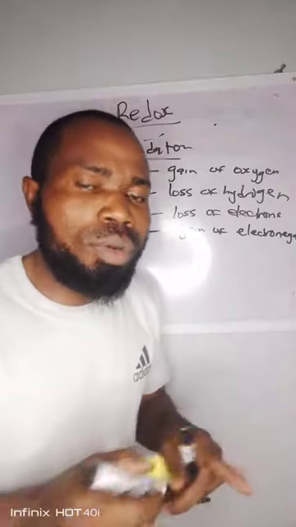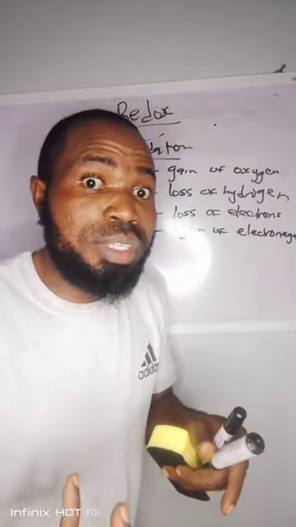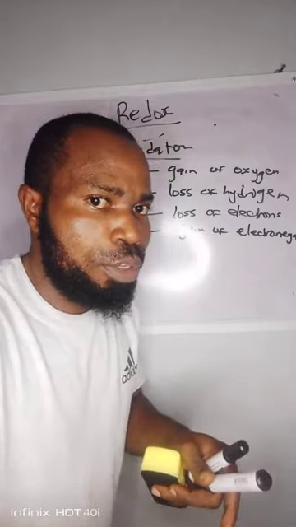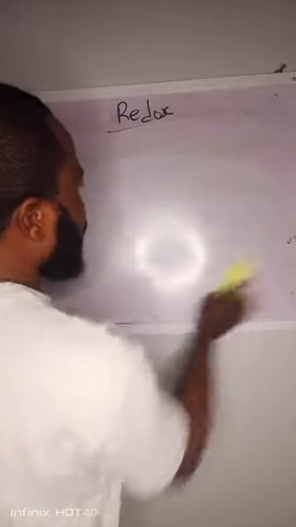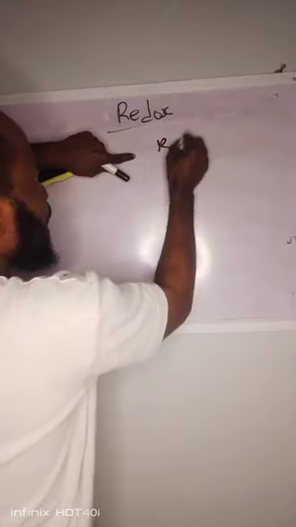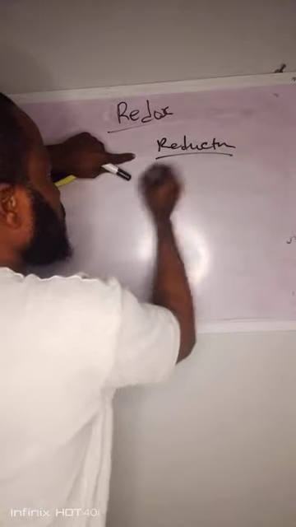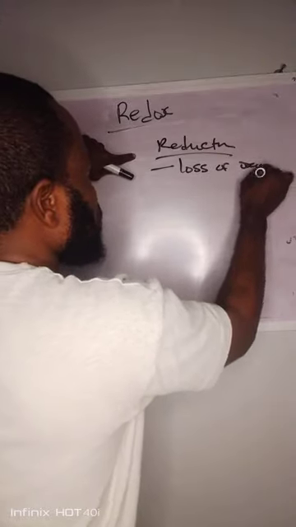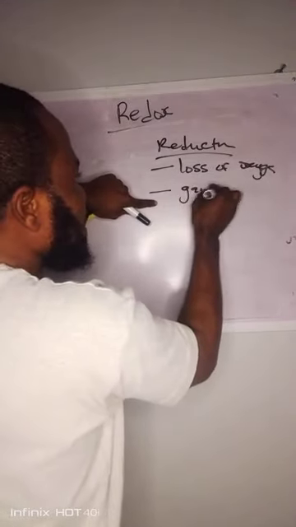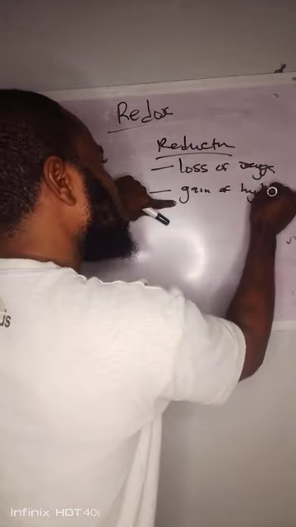Now, reduction rather, is just the quick opposite of what? Of oxidation. Therefore, I can simply say that reduction is the loss of oxygen, is the gain of what? Of hydrogen.